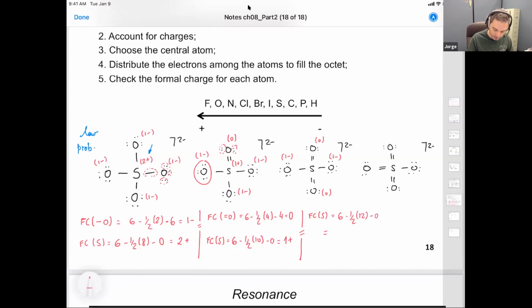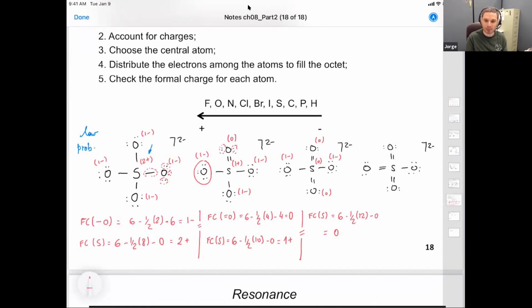So that will give us a formal charge for sulfur equal to 0. Okay. If we compare the second structure with the third structure, we see that the third structure has the highest number of zeros.